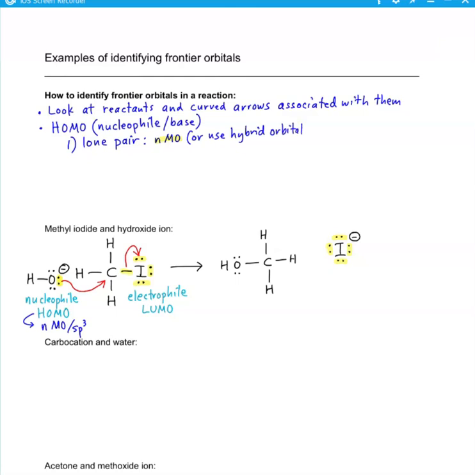So use the hybrid orbital label by checking the hybridization of the atom with the lone pair. LP for lone pair. Okay.